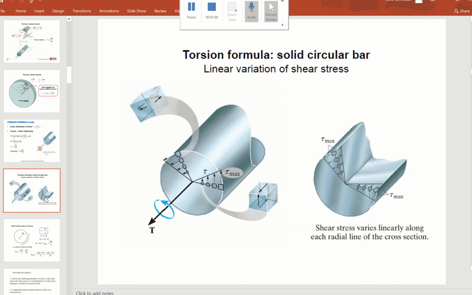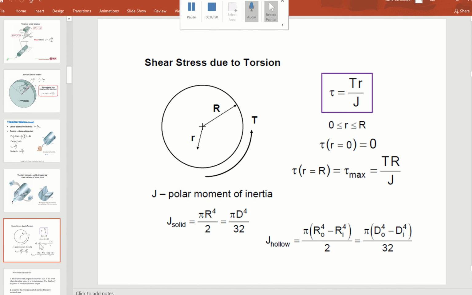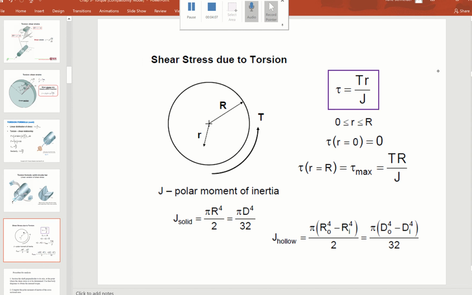Knowing that profile, here's the formula for shear stress due to the torsion: tau is equal to T times r over J. What's this T? T is going to be our internal torque. And r is going to be the location on that circular cross section.